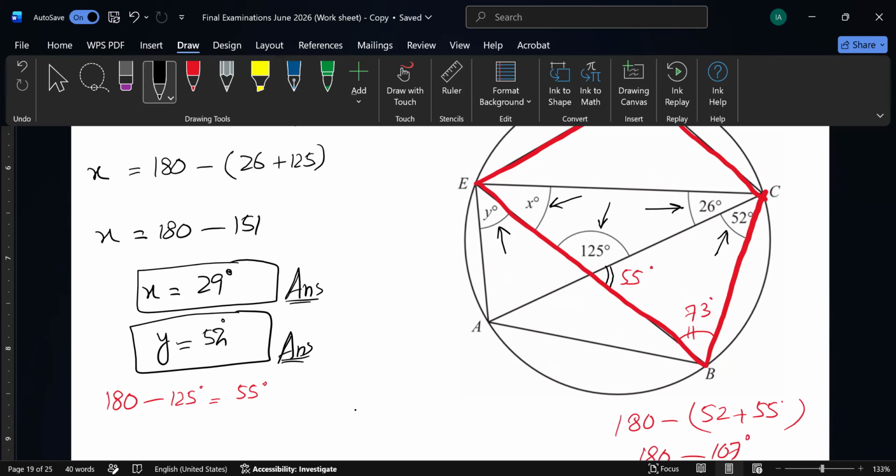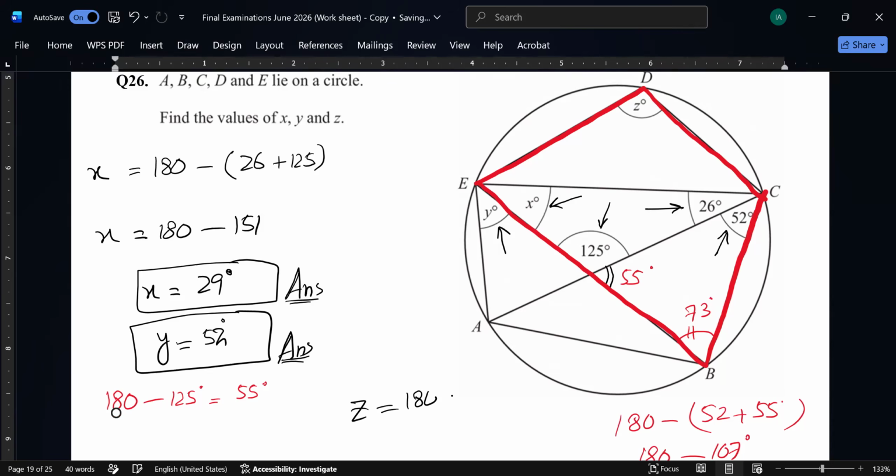Means to get Z, I will do 180 minus 73, going to be 107. This is angle Z.